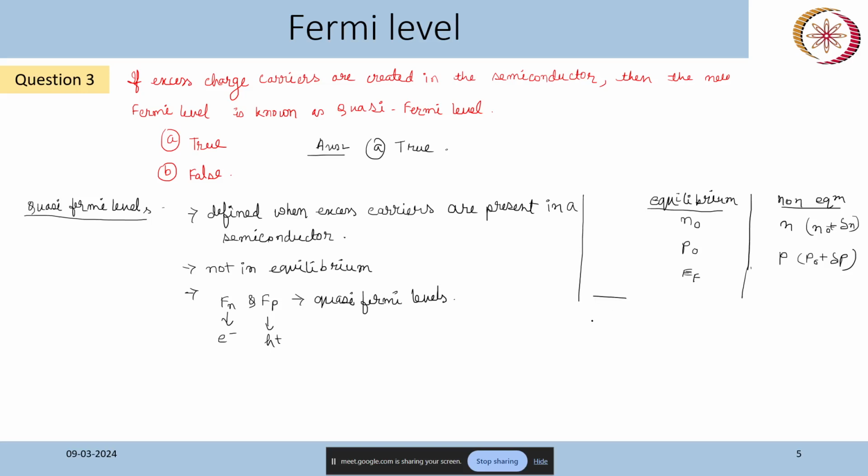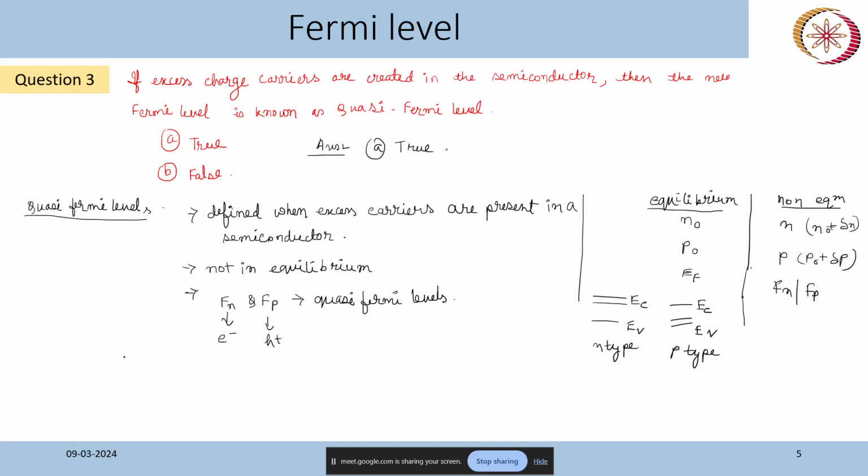For example, if it is an N-type material, it will be close to EC, and if it is a P-type material, it will be close to EV. Whereas in case of excess carriers, we use quasi-Fermi levels Fn and Fp, and these are not equal.